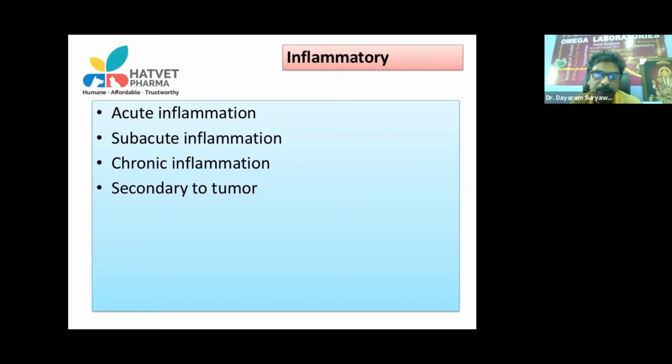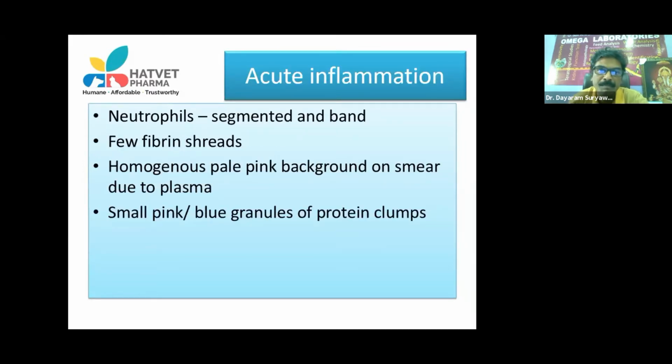Inflammatory exudate, or the inflammatory conditions, can be observed in that particular organ: maybe acute inflammation, maybe subacute inflammation, maybe chronic inflammation, or inflammation because of a secondary tumor, as we have seen in one of the slides. In that, the tumor cells are also there, as well as an infiltration of inflammatory cells. So by cytology we are able to identify acute inflammation, subacute inflammation, chronic inflammation, and secondary inflammation due to the tumor.